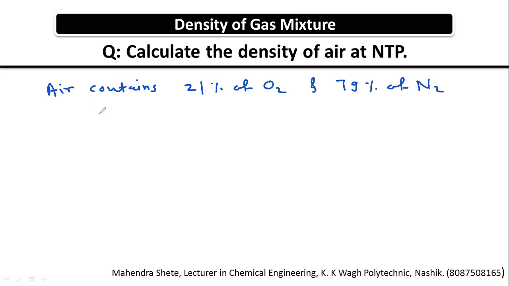Now first we have to choose the given data, as here the condition is specified, that is NTP. NTP means normal temperature and pressure condition.